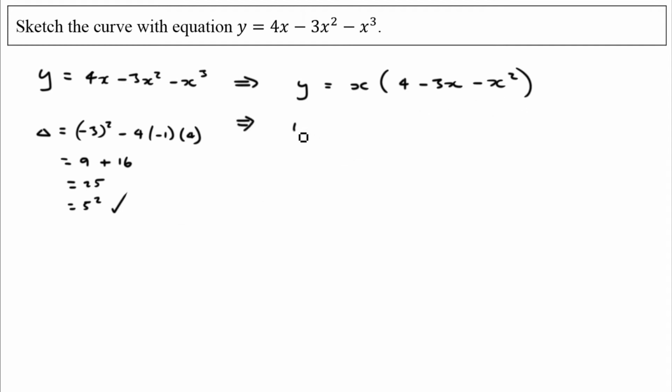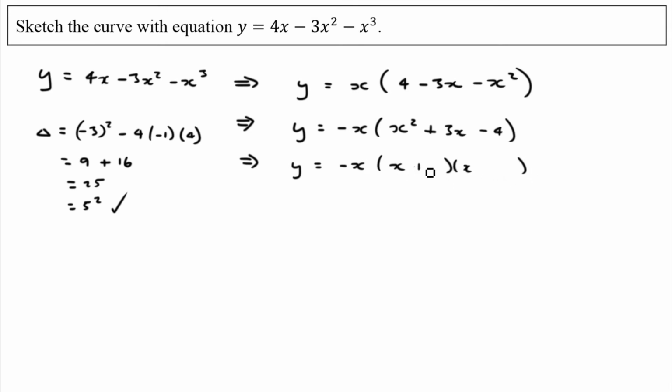It will help us a lot if we also factorise out a negative 1. So now it will be in the form x squared plus 3x subtract 4, and that leaves us in a much better situation to try and factorise on sight. And it is not difficult to see that it is x plus 4, x subtract 1.